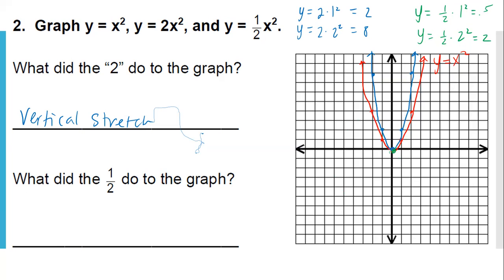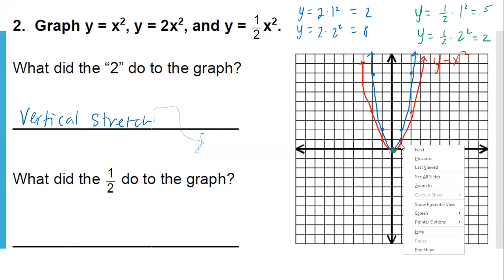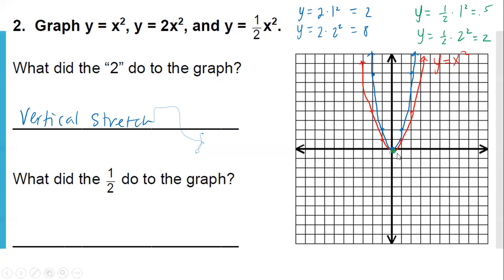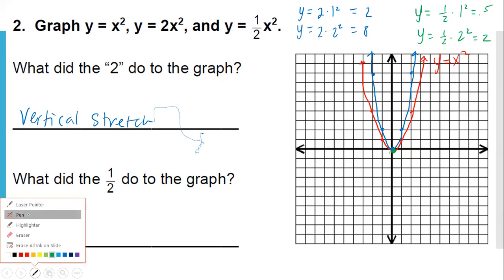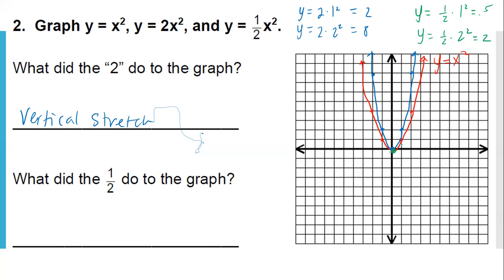So on this one, I'm now at a half. So instead of being at 1, I'm at a little bit of a change right there. Uh-oh, sorry. The pen went away. At a half, and at 2.